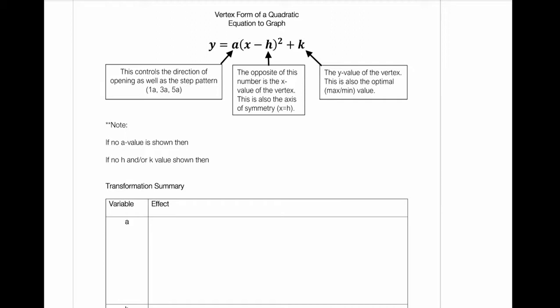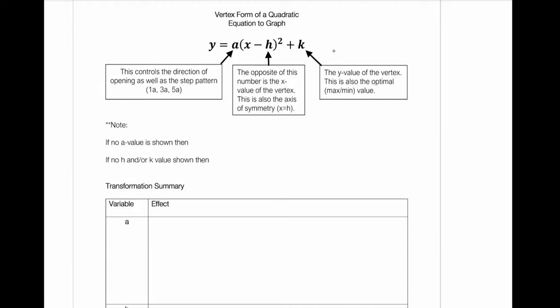The h value, the opposite of what we see in the equation, is the x value of the vertex. So again, if we see a negative, that means our h value is actually positive. If we see a positive, that means our h value is negative. This value is also the axis of symmetry, or in the general equation, x equals h.